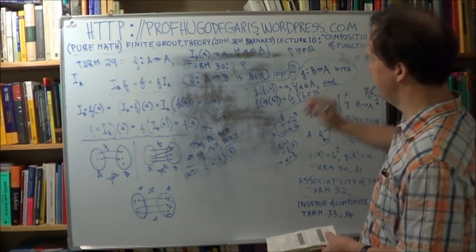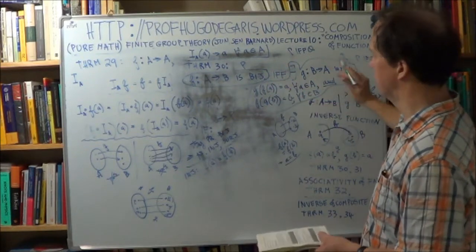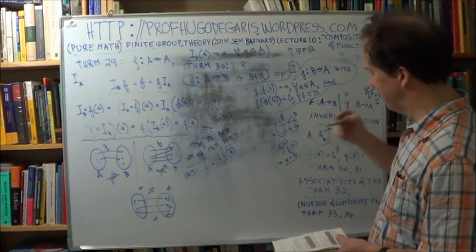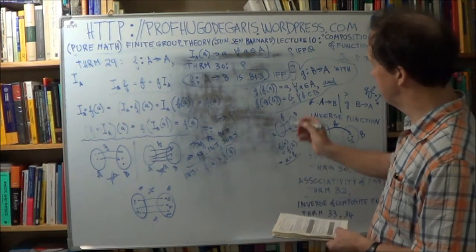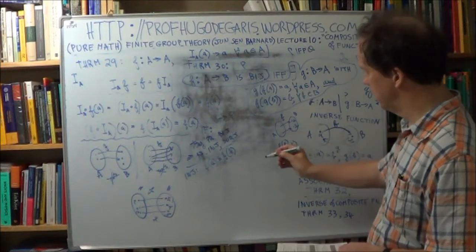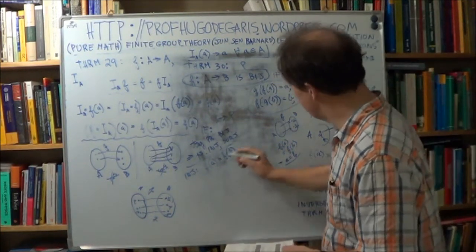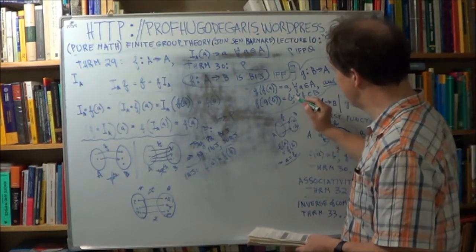We're going from Q to P. So this is true. We're assuming that's true. All right. Well, look, we've got properties like this and this. So we've got gf of a is a and fg of b is b.